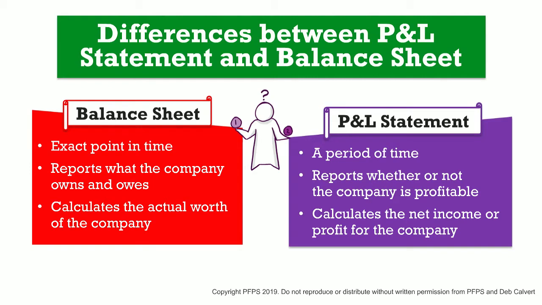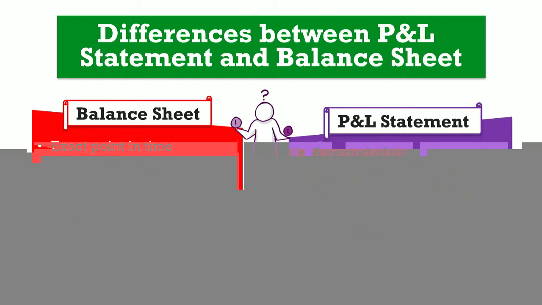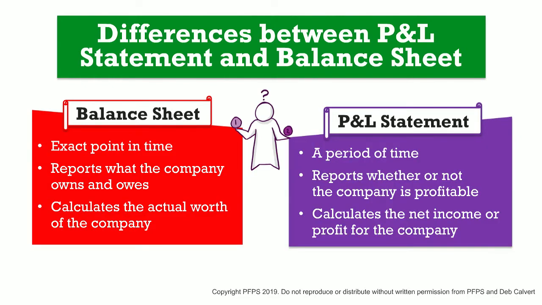But the purpose of the P&L statement is to report whether or not, in a specific time period, the company has been profitable. It's also used to monitor incoming revenue and outgoing expenses so the company can react to ensure that bottom line profit will be achieved.